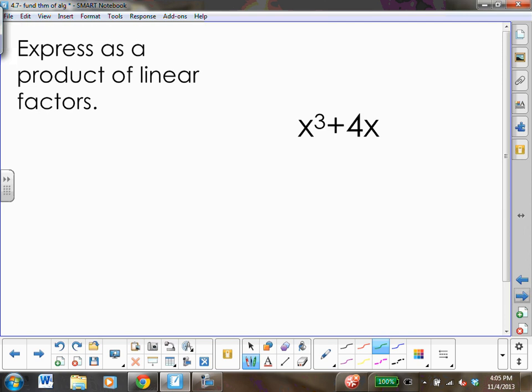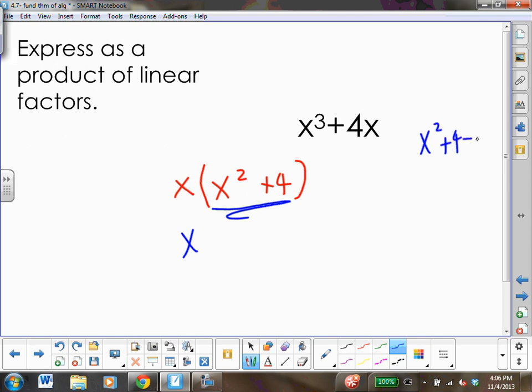Let's try another one. Express as the product of linear factors. So I'm going to try to factor if I can. Factor out an x, and so I have x squared plus 4. And then again, I can't really factor this further, but if I create a small equation set equal to 0 and solve it, I can create the product of linear factors.